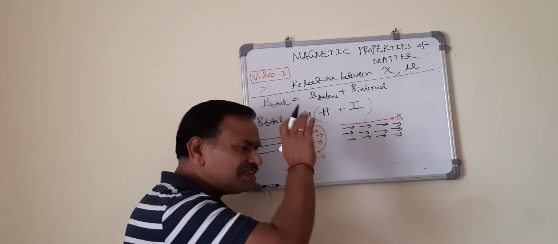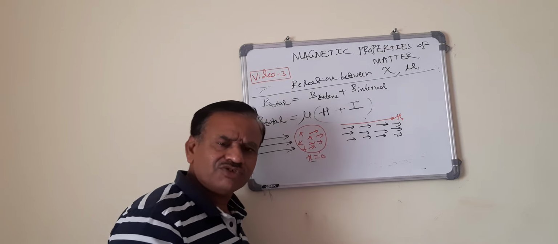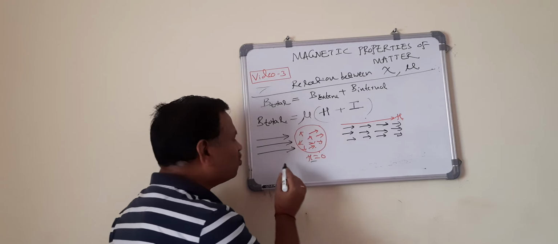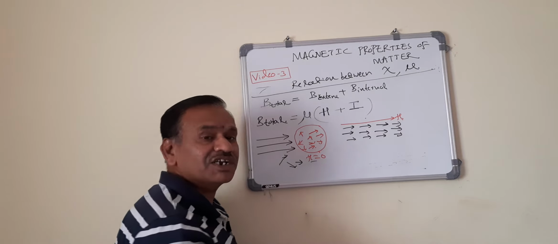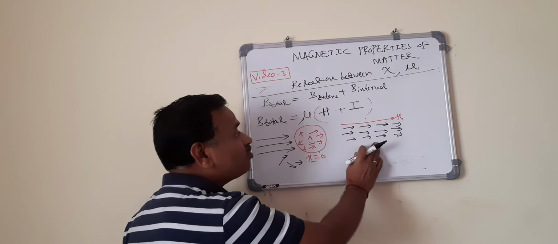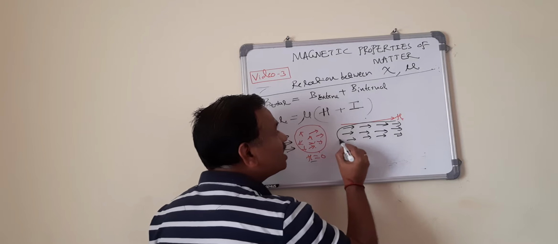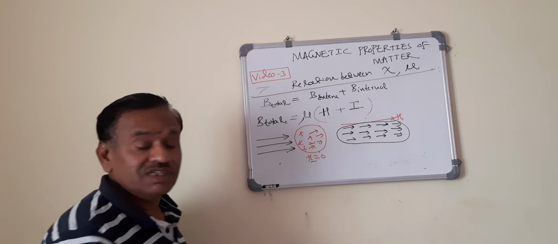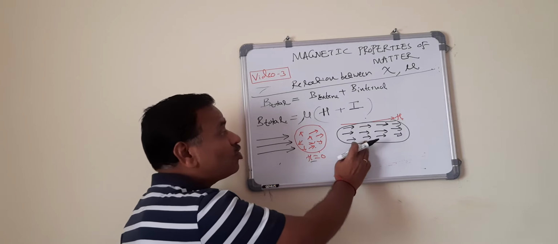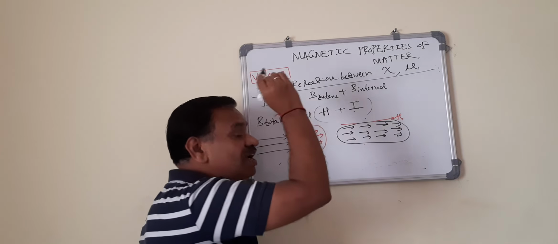Even after the teacher enters, that means even in the presence of the magnetic field, some students will orient in this direction, in this direction, in this direction. Now all these dipoles are oriented in the direction of the applied magnetic field.